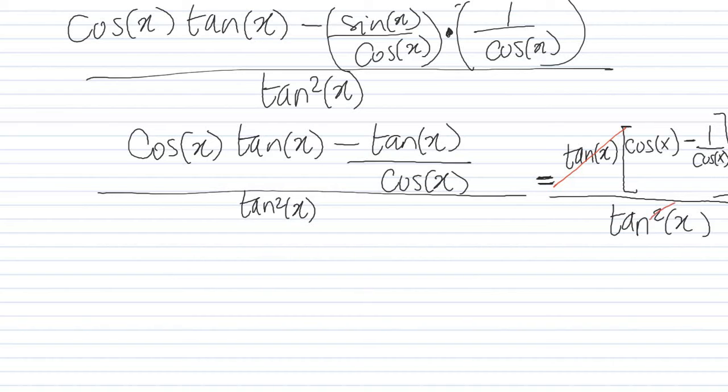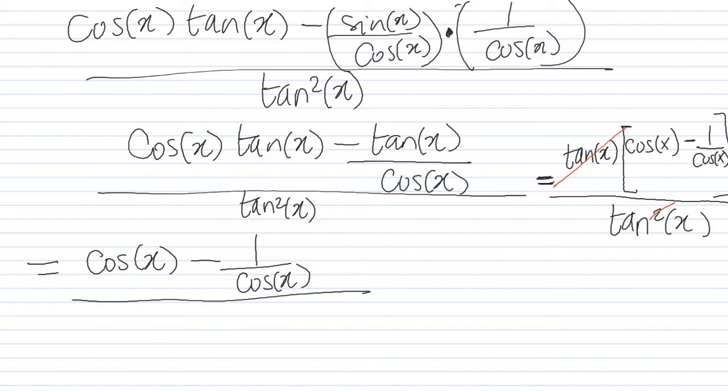So cancel this out, and we have this to be cosine x. What did we basically say this is? We have minus, so basically this over 1 over cosine x, right? All of that information divided by tan x. And yeah, that's basically our work so far.